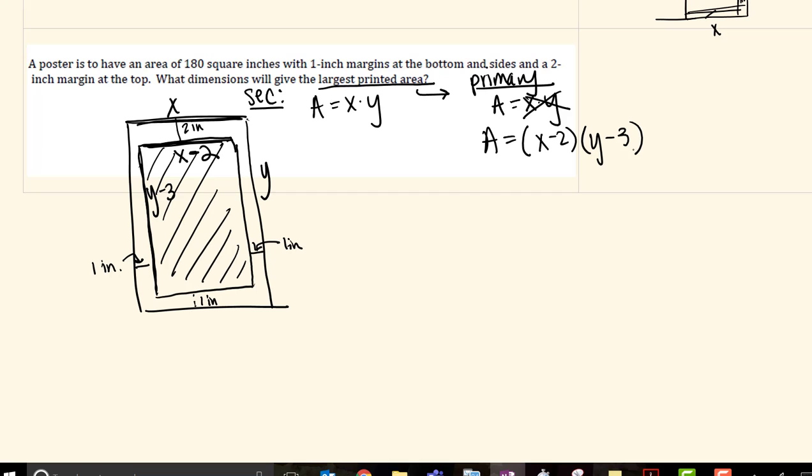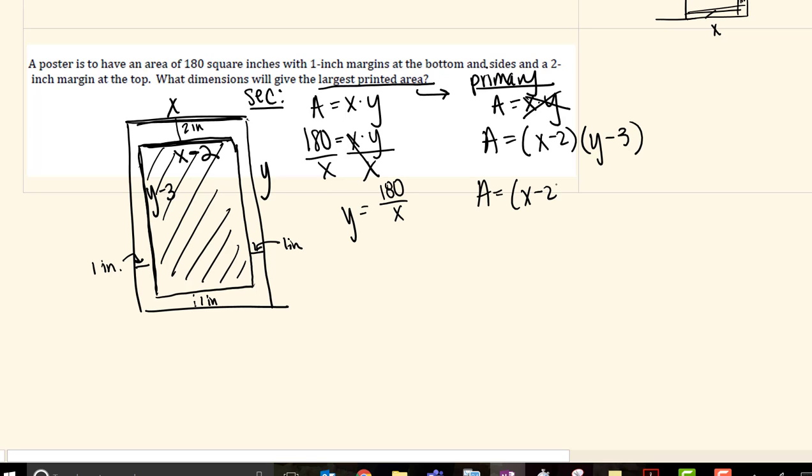The area in general is 180. So I'm going to set 180 equal to XY, solve for Y, and get Y equals 180 over X. Once again, the whole point of your secondary equation is to substitute into the primary to get it down to one variable. So I have A equals X minus 2 times 180 over X minus 3.